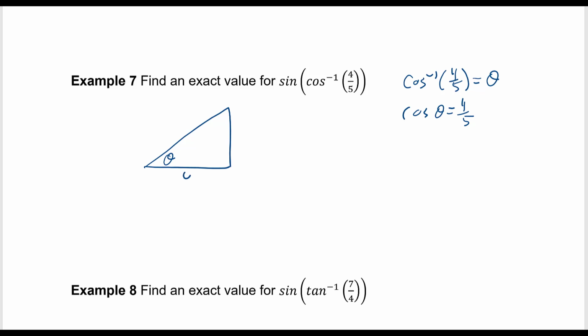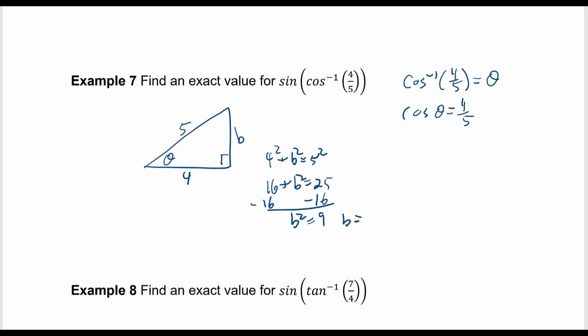Cosine is the adjacent side over the hypotenuse, so 4 over 5. It's a right triangle. I'm going to call this side B. So 4 squared plus B squared is 5 squared. So we have 16 plus B squared is 25. So we subtract the 16. So B squared is 9.